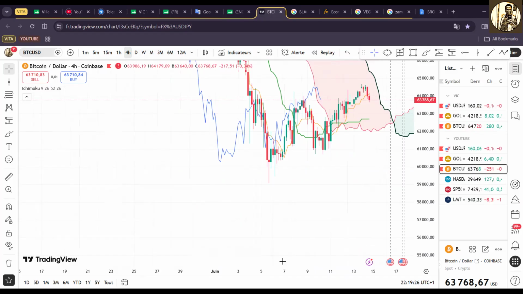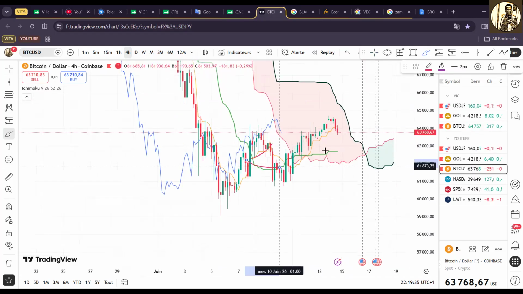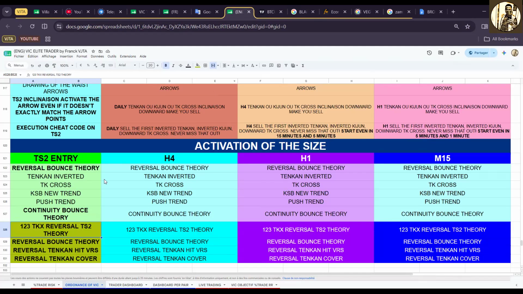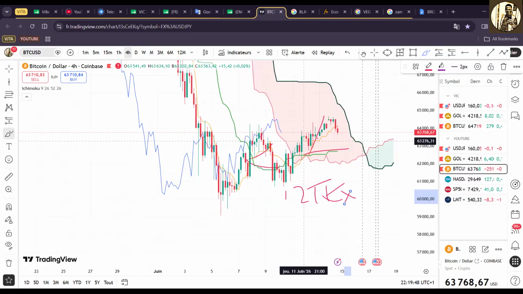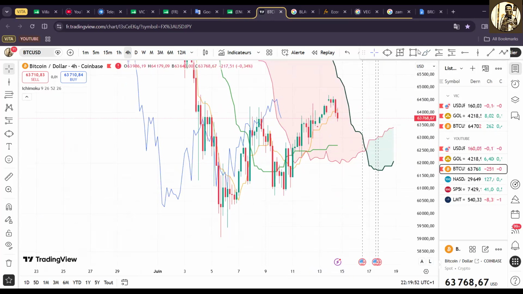So, for example, you can see that in 1 hour, in 4 hour here, we have TK cross to the upside, TK cross to the upside again in 4 hour. So that's already 1, 2 TK cross, right? And then you also have the reversal bounce theory that is a little bit here. The reversal to the upside this way, this time around.